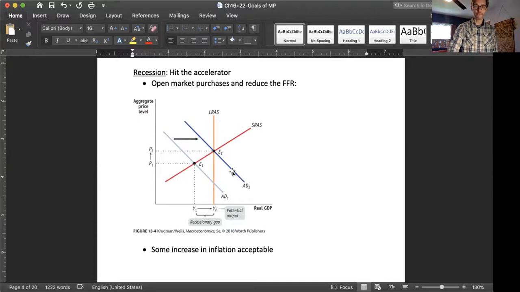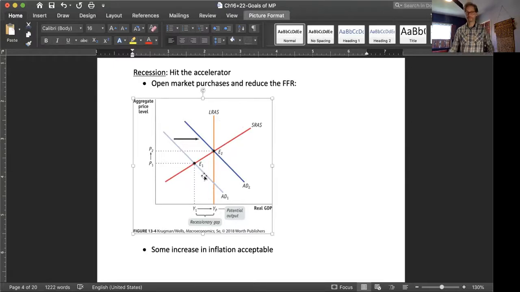Let's say that for whatever reason, aggregate demand falls. For instance, a pandemic, right? That makes it very difficult for people to spend money, and to do the things that they like to do. So aggregate demand falls and we move from point E2 to E1, right? Now output is below potential output.